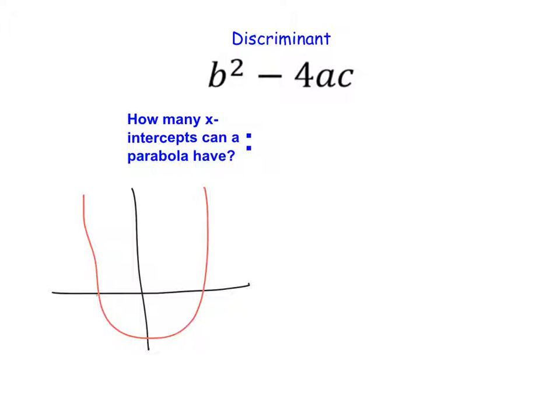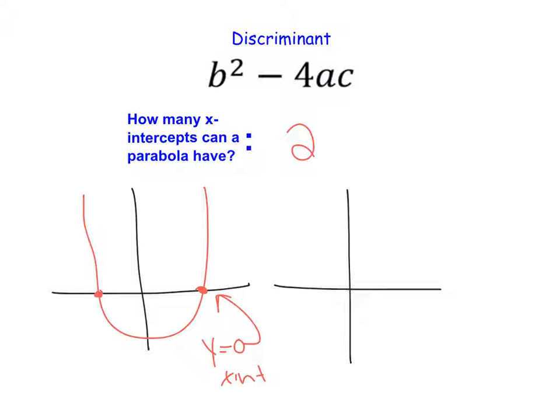We've seen that with the quadratic formula and with factoring, and our two solutions where y is equal to 0 are the x-intercepts. However, we also know that there's a situation where a parabola only touches the x-axis one time. So there could also be a situation where we only have one x-intercept or one solution.